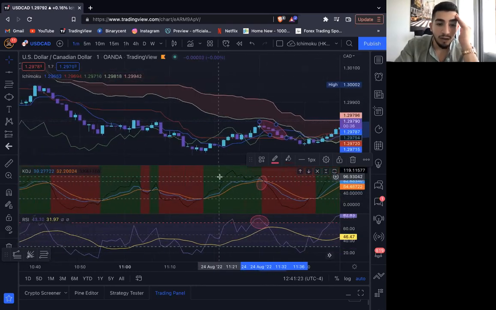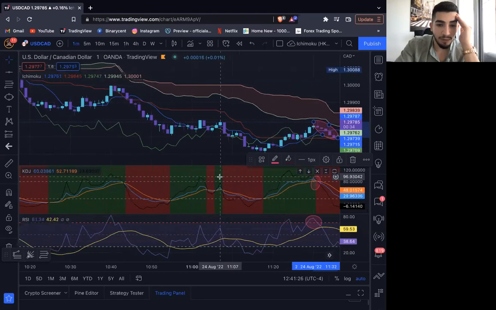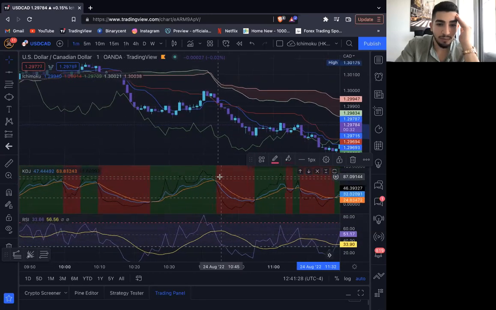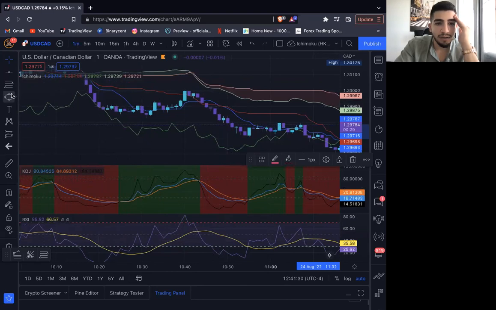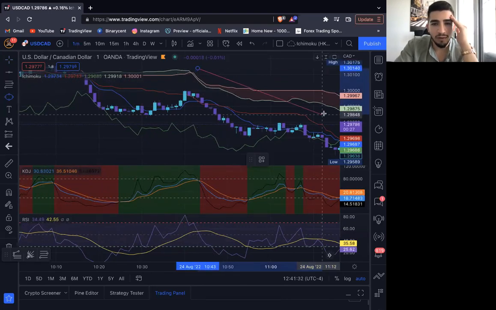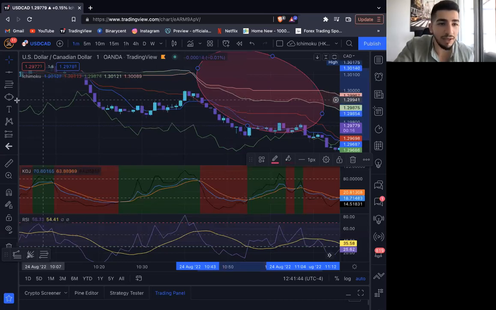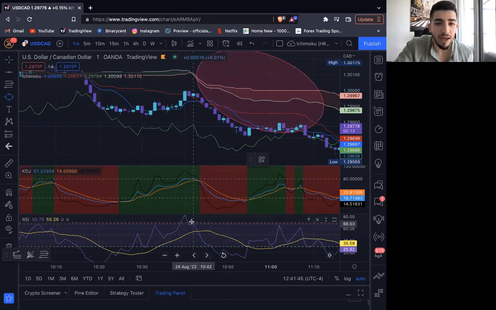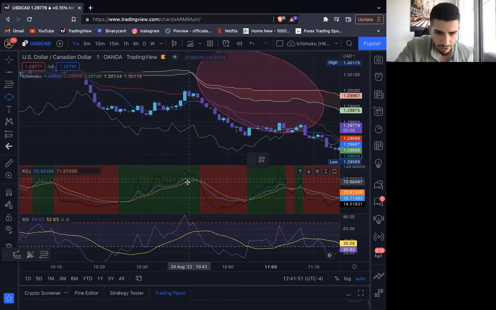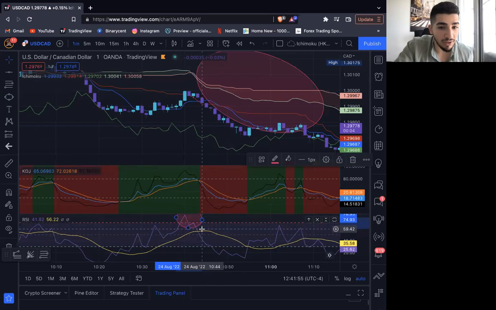All right. Now, I'll show you guys one more example. Can you guys please let me know what color is my shaded area? Red, exactly. Meaning I would look for sells. And then I'll look at this point right here. I'm like, okay, KDJ is around here. RSI is around here. Wow, my RSI is at the ceiling.